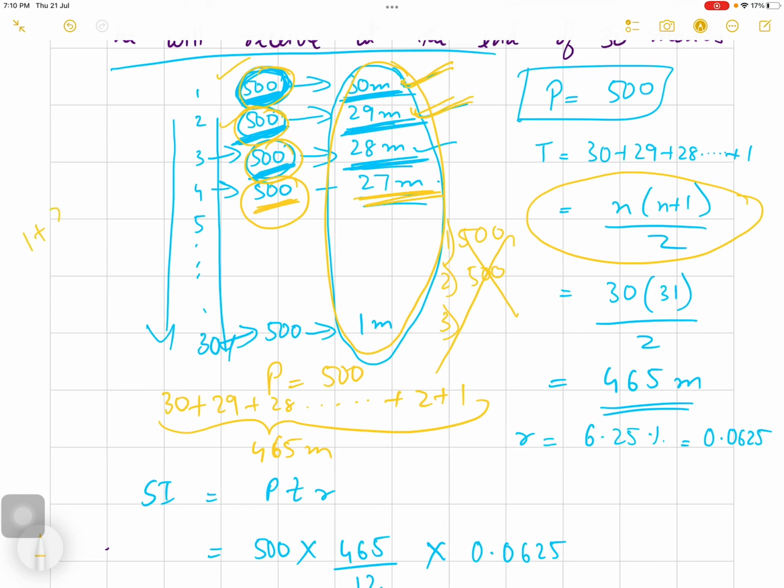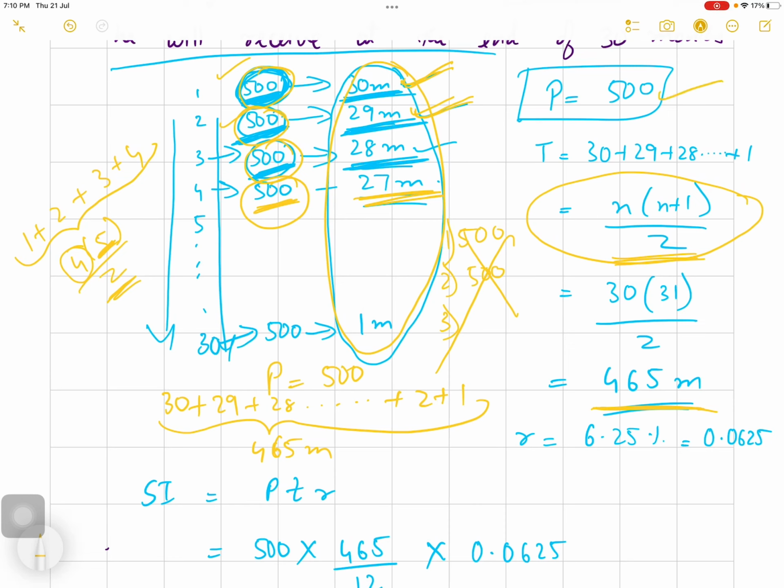If I want to add 1 plus 2 plus 3 plus 4, so only 4 numbers, the sum of the first 4 natural numbers, then I can do 4 into 5 divided by 2. n into n plus 1 divided by 2, that is the formula to calculate the sum of first natural numbers. So I use this formula and calculate the total number of months. So it comes to 465 months.